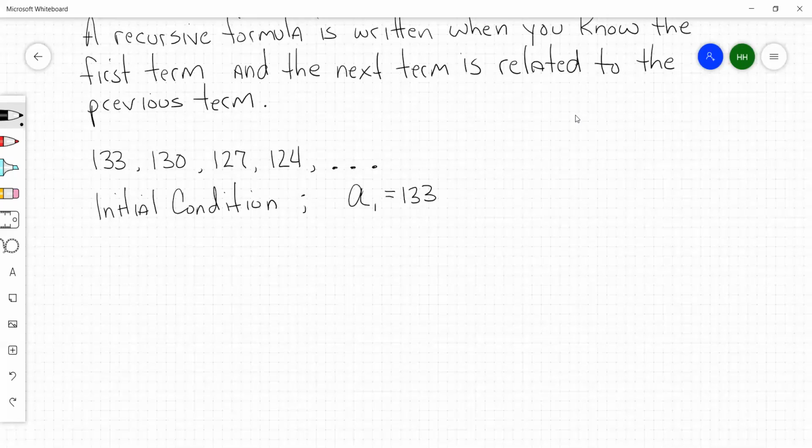The recursive formula in this case would be a sub n is equal to a sub n minus 1 minus 3.